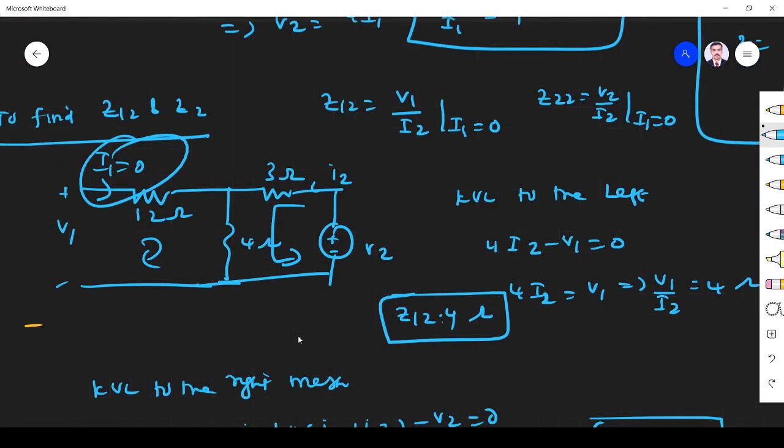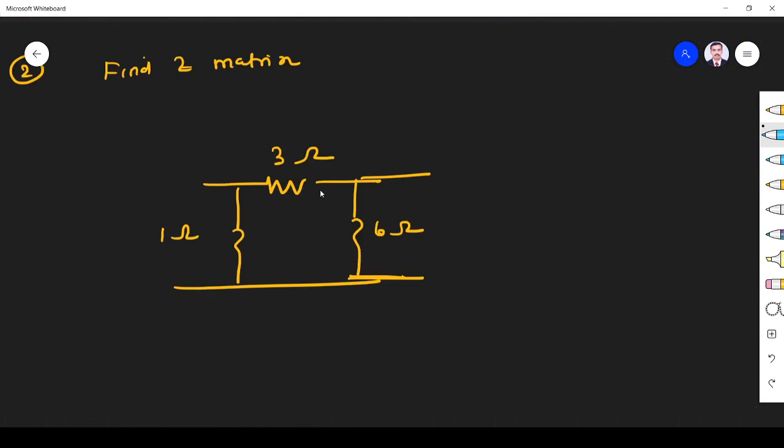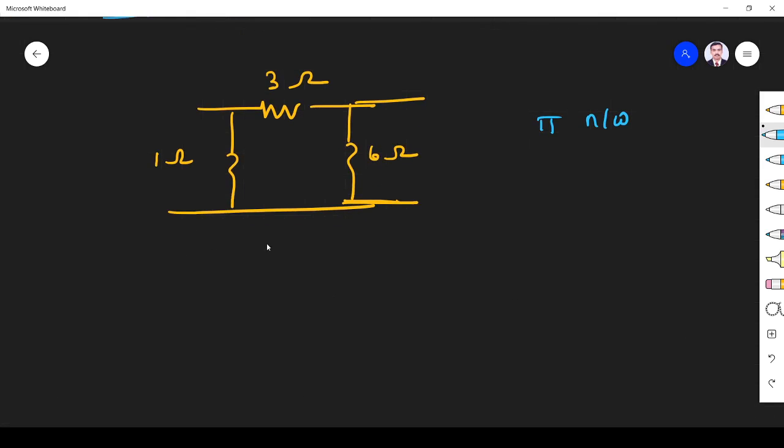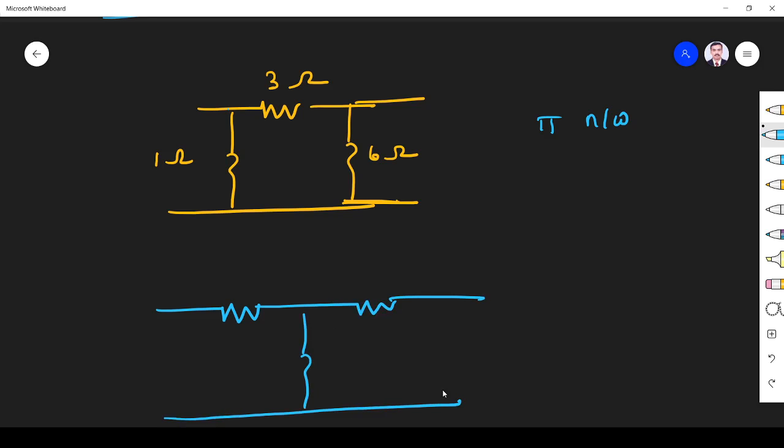Next one: find the Z matrix. This one I will solve in this short format. This is a pi network. Since it is a pi network, I convert it into a T network. If I know the T network, I can find the answer very quickly. I convert delta into star. Multiply these two terminals. The equivalent of the T network on the left-hand side is the multiplication of these two divided by the sum of all three resistors.